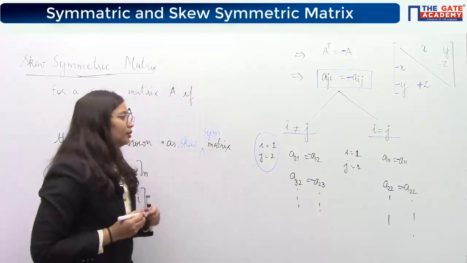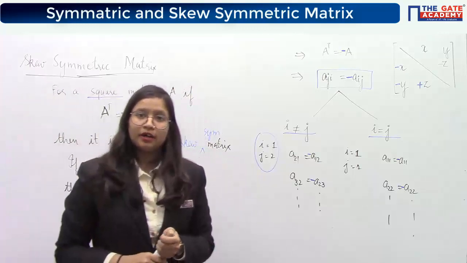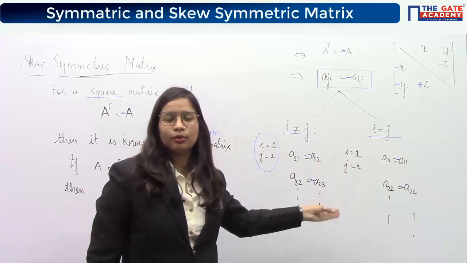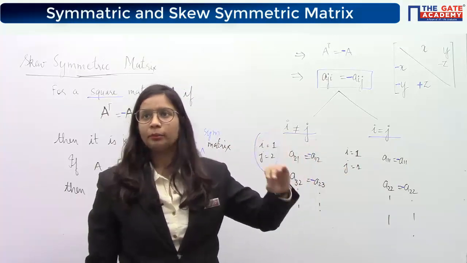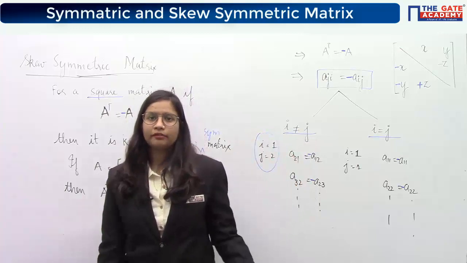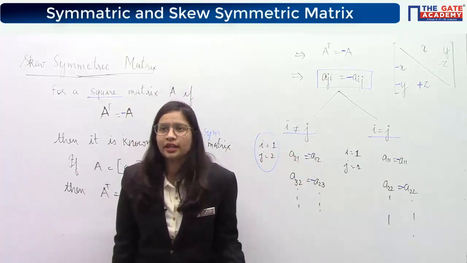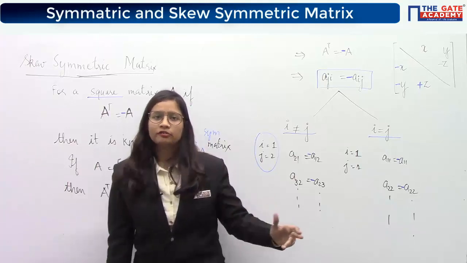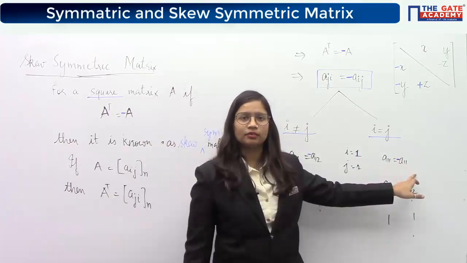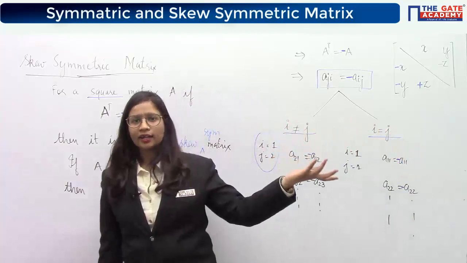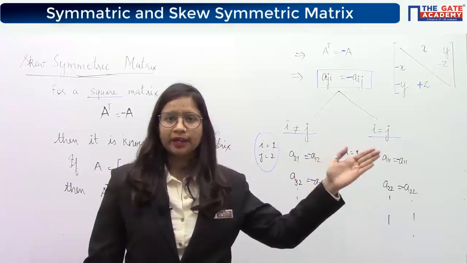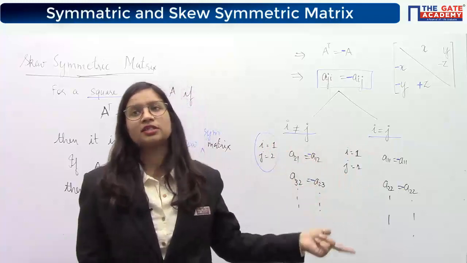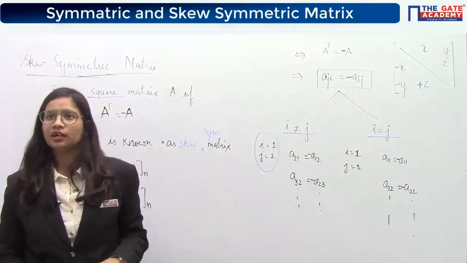Now, what number is such that it is equal to its negative? A number which is equal to its negative can only be 0. 0 is the only number which is equal to its negative. 0 and minus 0 are equal, they are both 0. 2 and minus 2 cannot be equal. Similarly, 5 and minus 5 cannot be equal, but 0 is always equal to its negative.